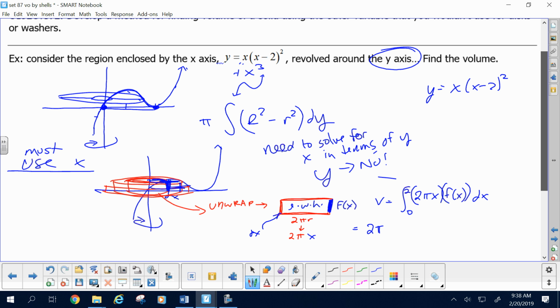Typically, we put the 2 pi out front. Don't forget the 2 pi, especially those of you who forgot the constant pi in the test. Now you're not going to forget a constant 2 pi.